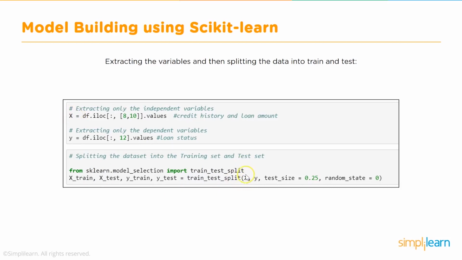So x is all the values of the independent variables and y is our labels. You pass x and y, and then you specify what should be the size of the test data. Only one you need to specify. So if you say test size is 0.25, it is understood that train size will be 0.75. So you're telling what should be the ratio of the split.